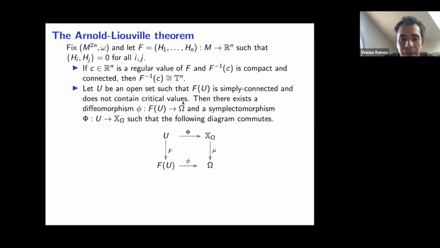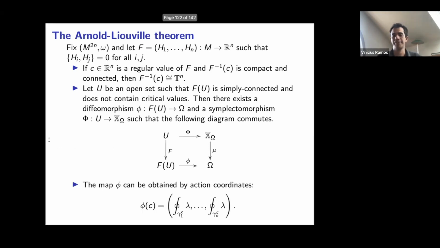So someone said this is what physicists call action-angle. That's right, Josh. This is exactly what the physicists call action-angle. So here are the action coordinates. You can actually compute this map phi, and it can be computed like this. First you choose n curves, gamma 1 to gamma n, which generate the first homology of the torus that's the fiber over c.